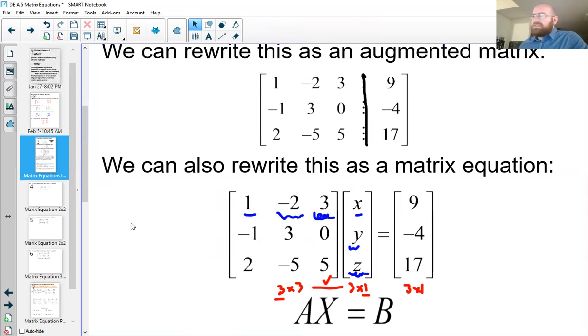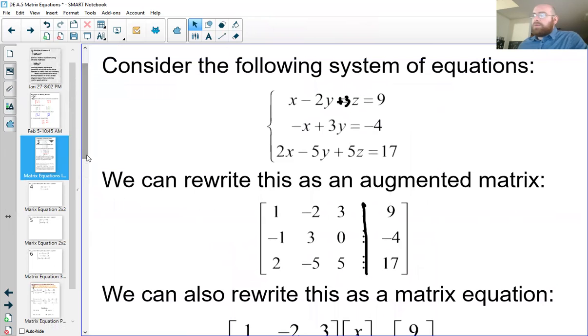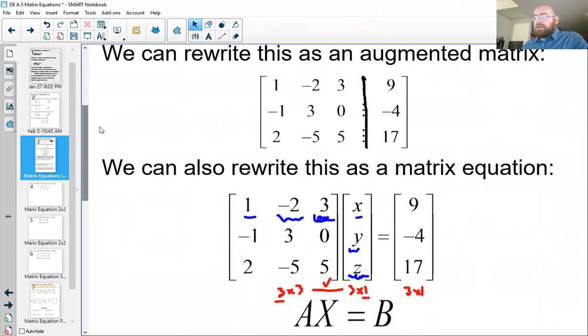When we multiply these out, we would in fact end up with the equation that we started with. So by multiplying through our matrix operations, we're reconstructing the original system of equations. And then of course it's equal to this column vector that is the constant from each equation.